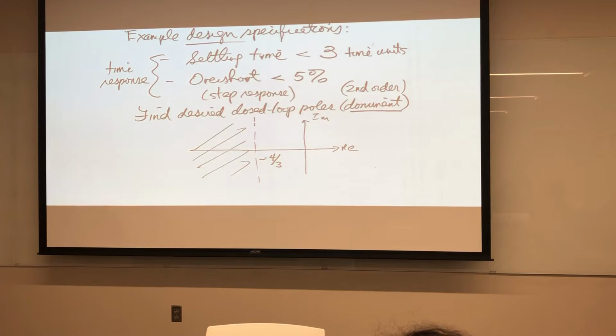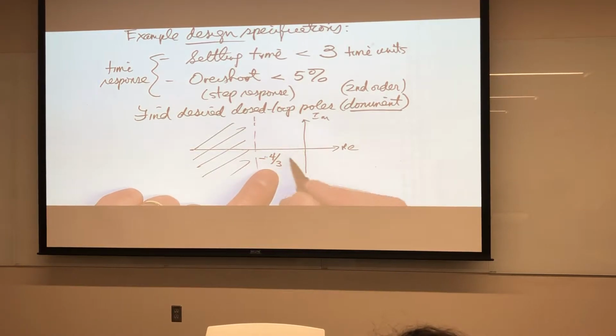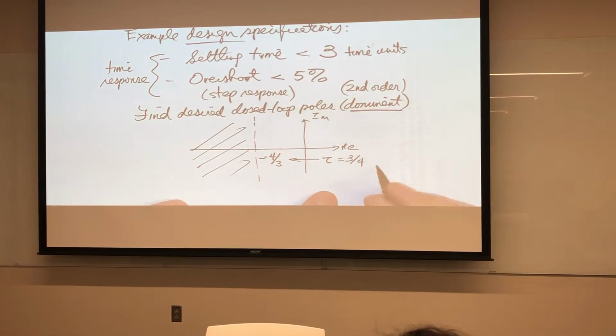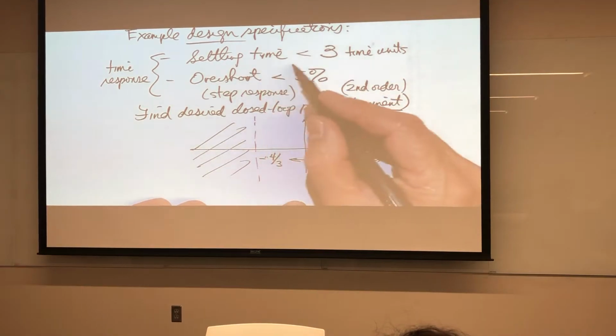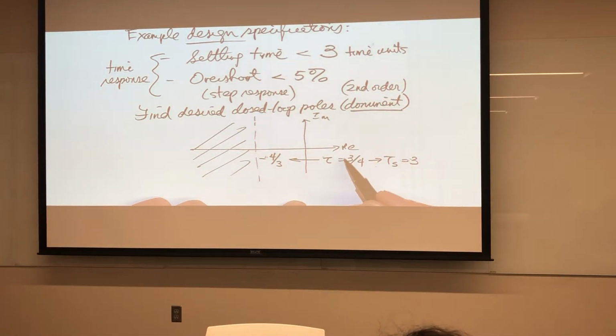If I choose the real part as minus 4 over 3, that means the time constant would be equal to the inverse, 3 over 4, and that would say that the settling time would be 4 times that. That would be equal to 3. So that meets the specification. See how I went from time units, settling time, back to time constant, back to where the real part of the poles are. So they need to be over here, somewhere, bounded by this line at minus 4 over 3.